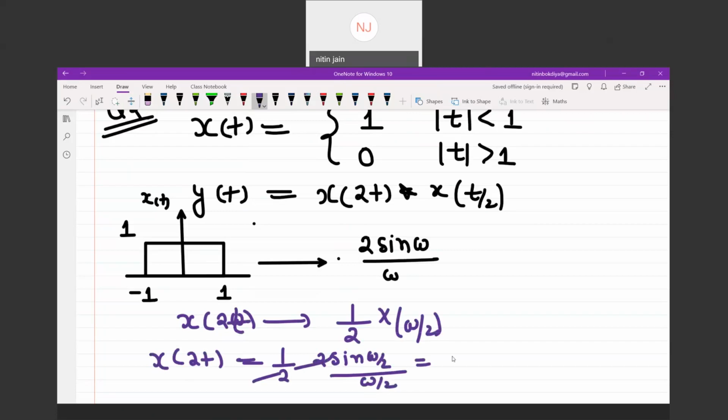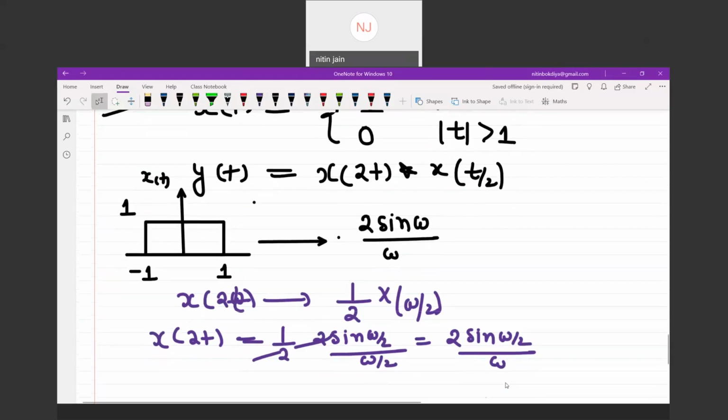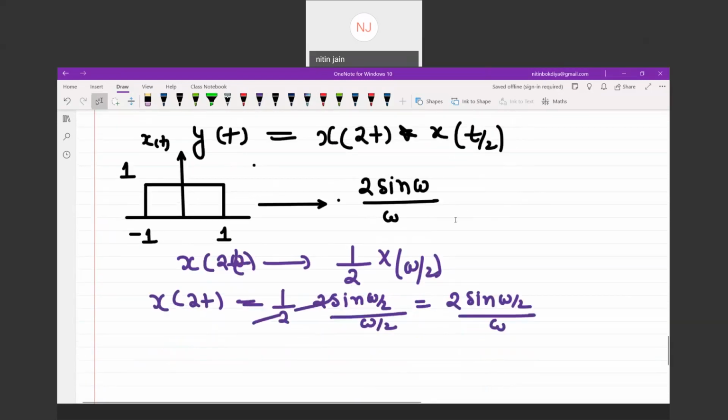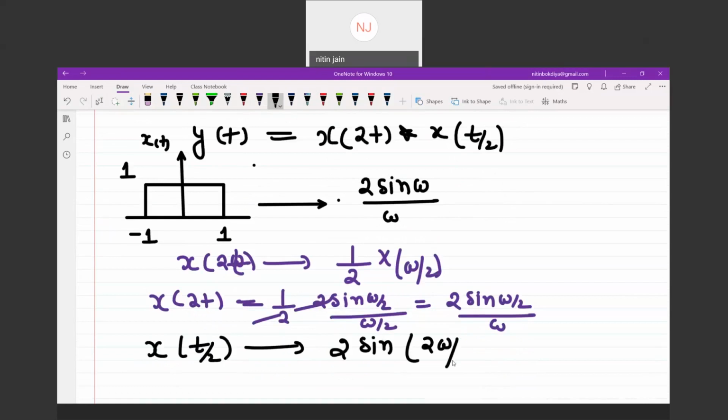This is 2 sine of omega by 2 divided by omega. And next is x of t by 2, having Fourier transform 2 sine of 2 omega divided by 2 omega.